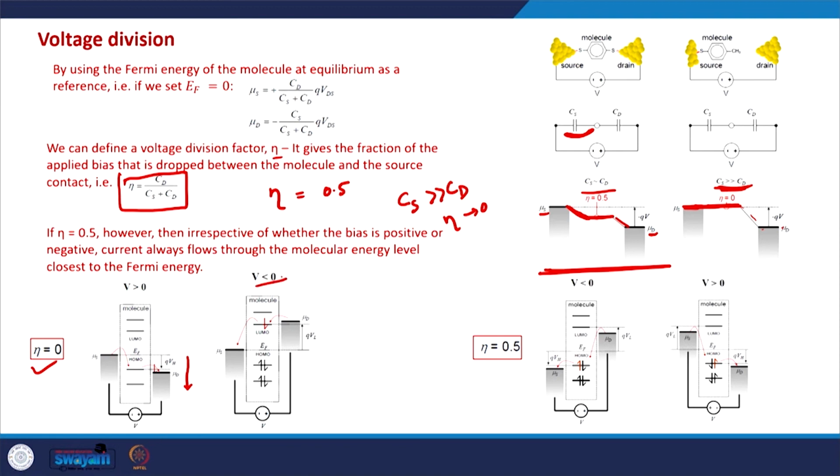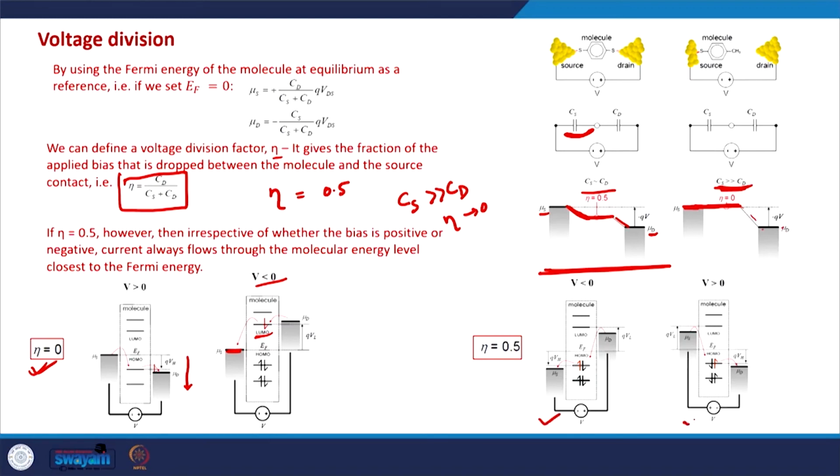If V is negative, the electron transfer will happen through the LUMO, because E_F is at the source Fermi level. When eta is half, E_F does not coincide with mu_S. In fact, E_F, the Fermi level of the molecule, is between mu_S and mu_D, and in that case, the electron transfer happens in this way.